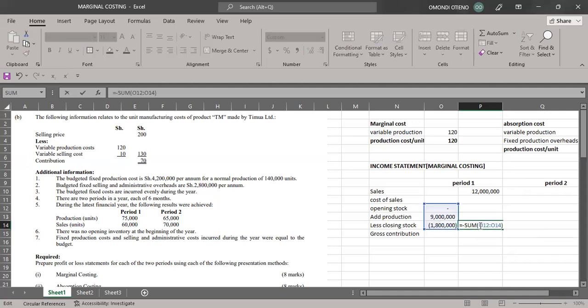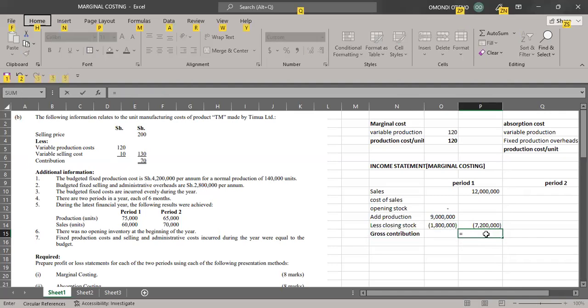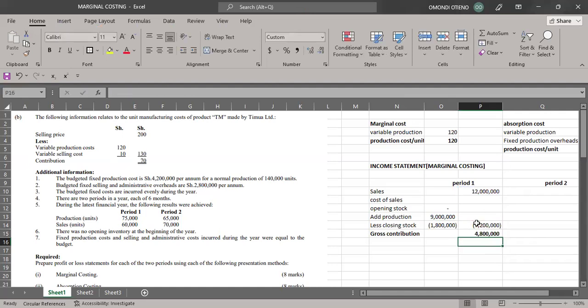Of course, we are going to deduct it from sales to give us gross contribution. So our gross contribution is equal to this minus this one here, which gives us 4,800,000.